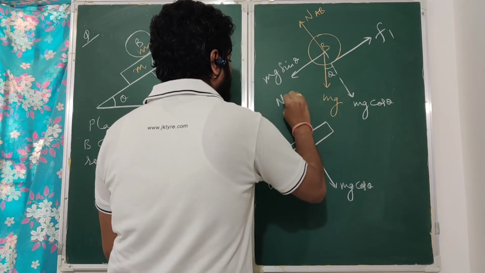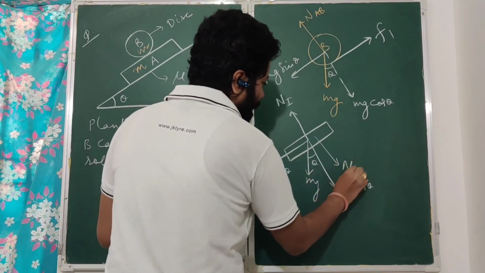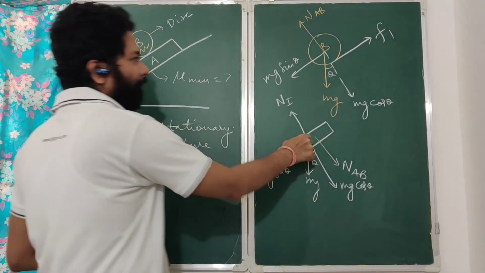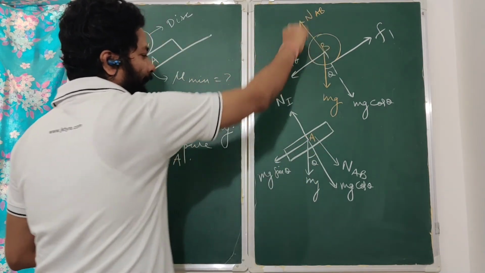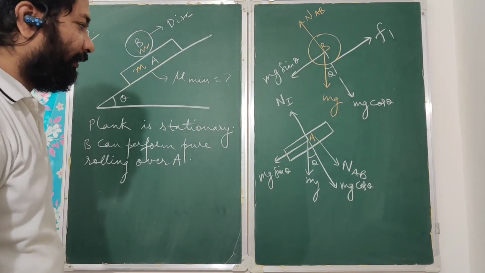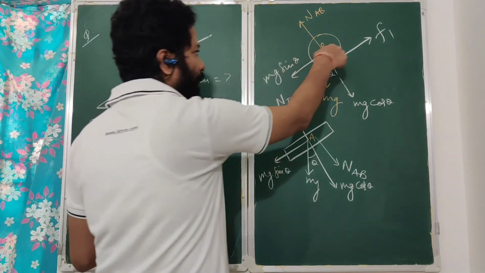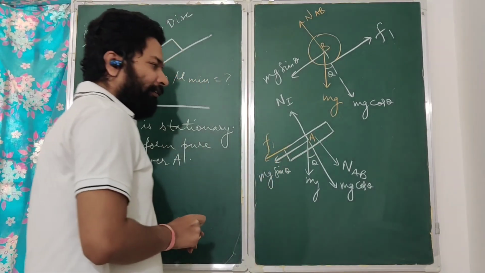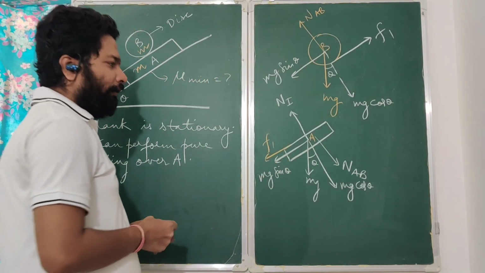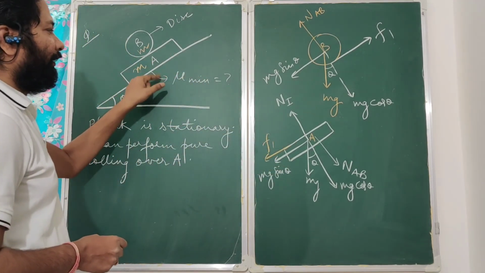This is from the incline, and there is one normal reaction NAB. Since this plank had applied some force on B, NAB, the same force acts on it by Newton's third law. In addition to that, the frictional force it has applied on B is F1, so that frictional force will act in this direction by Newton's third law.